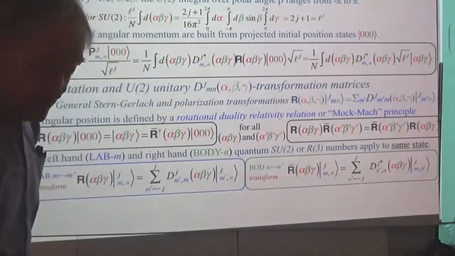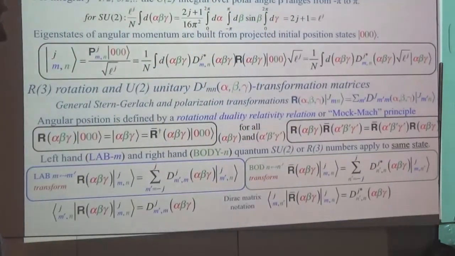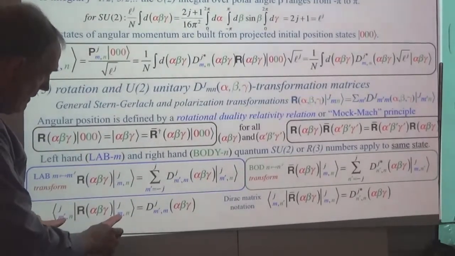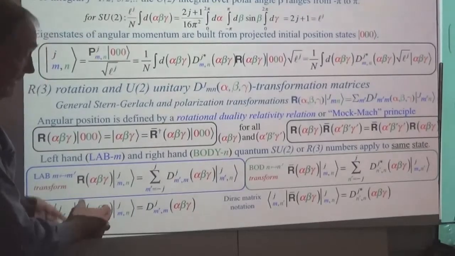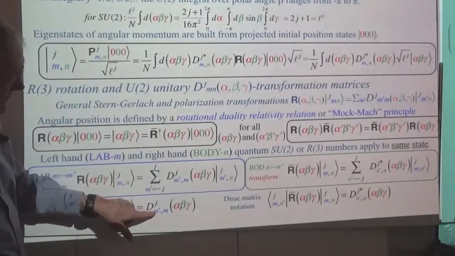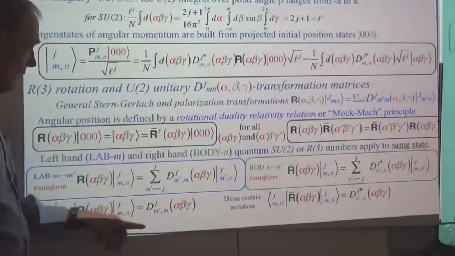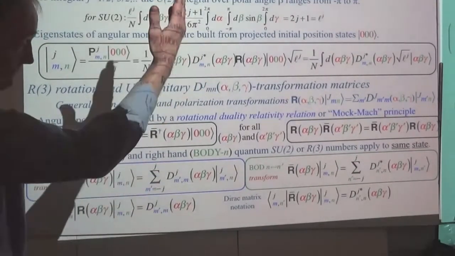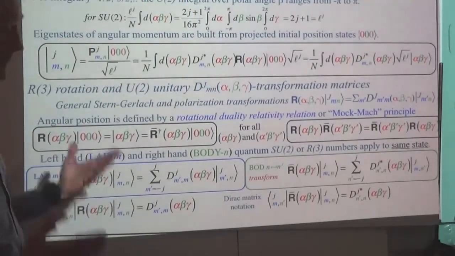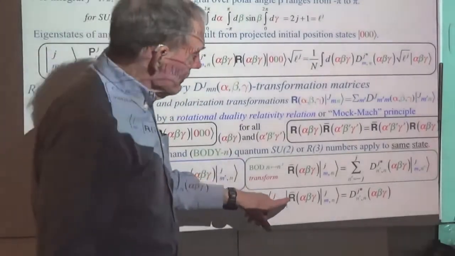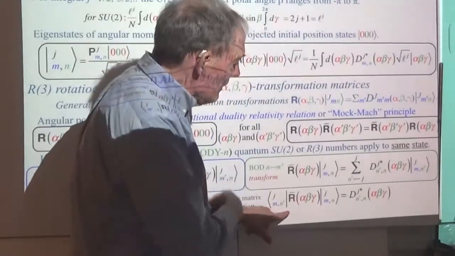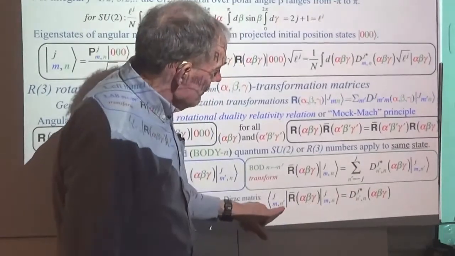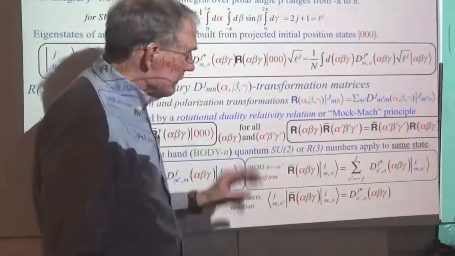Now the way to see that in direct notation is this. Here is the matrix element M prime M for the laboratory operator. It is the D function M prime M of that particular rotation, alpha, beta, gamma. Now, let's let the body do its thing. Imaginary, of course, but if it does it, we'll have a matrix element just like that one, except the N's are involved, and they're the ones that change. The M is not affected.